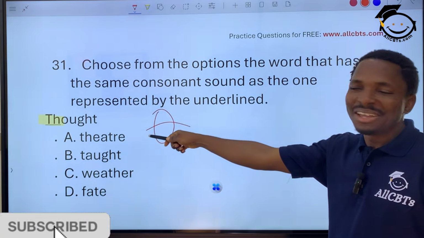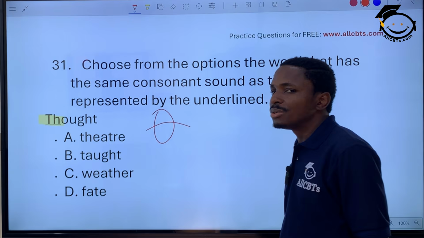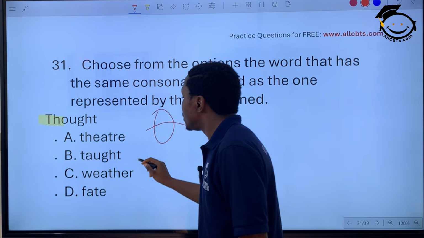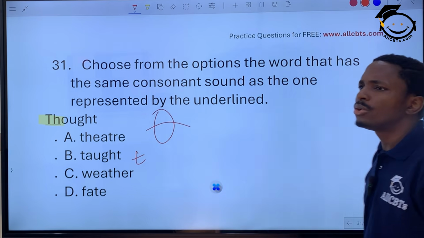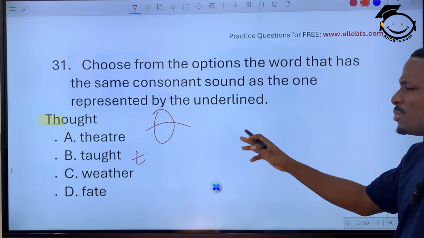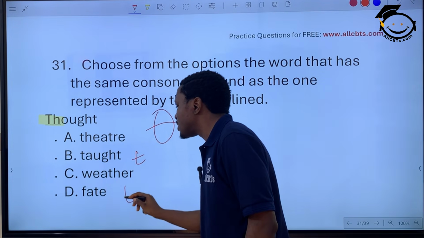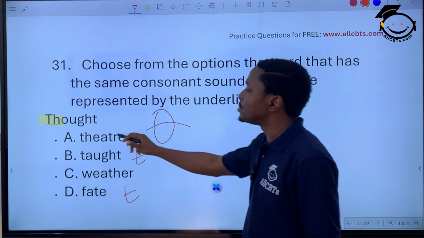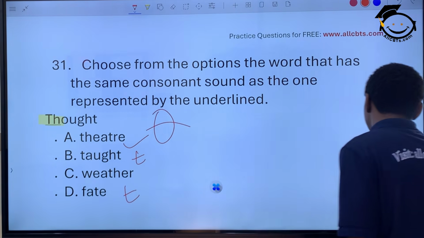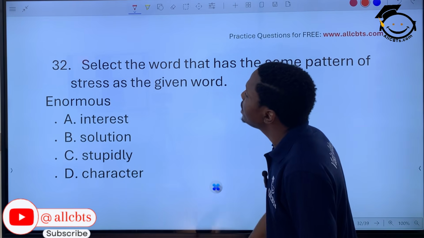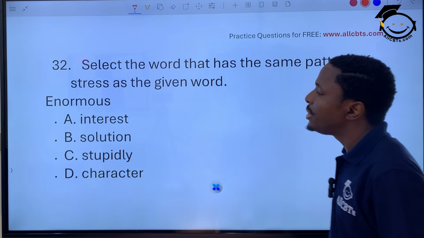Listen, theta. But then you have thoughts. No, the sound I'm getting from here is what? Weather. It's a voiced sound that does not connect. Fate. We also have this sound there. So this is the one that has the correct sound. Thoughts. Theta.